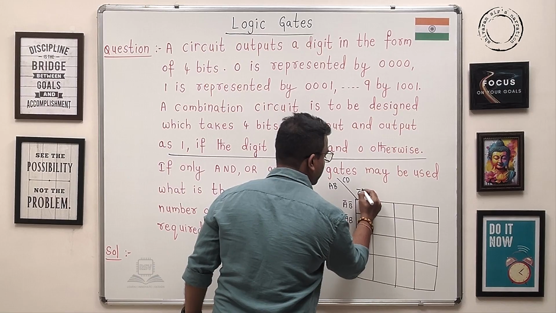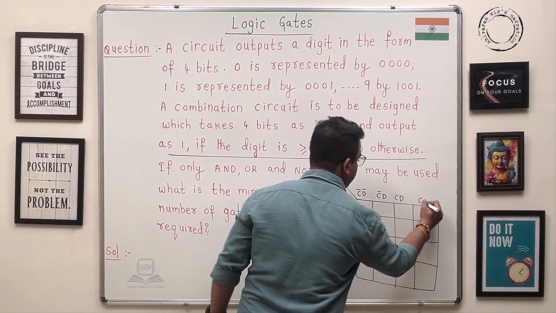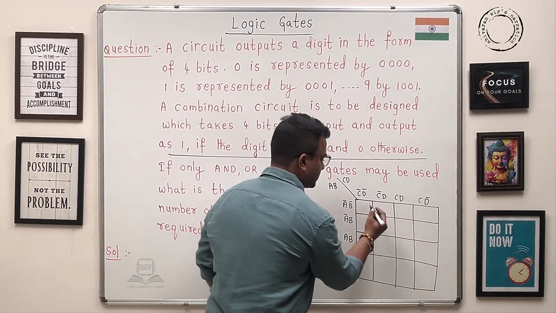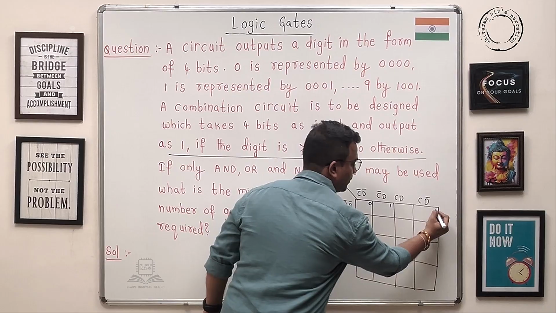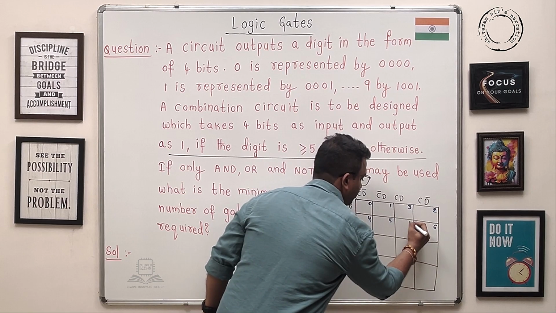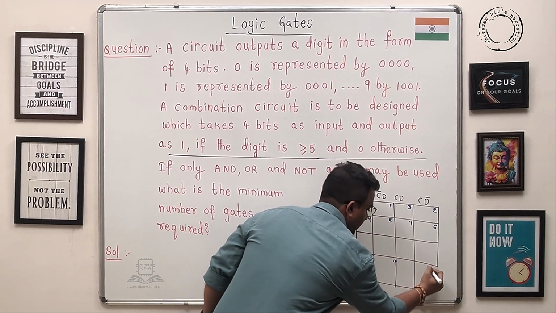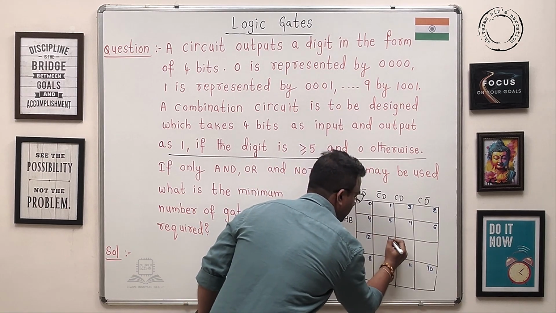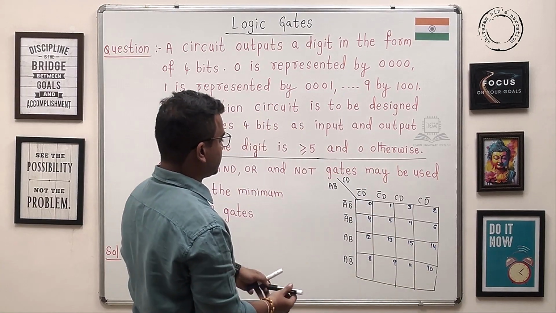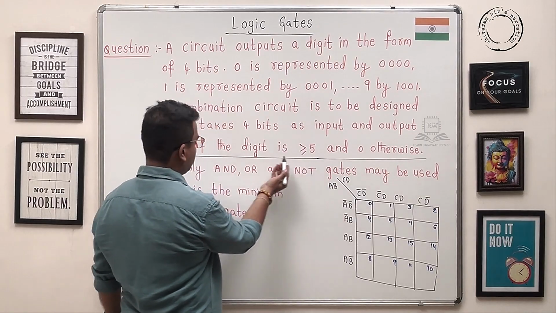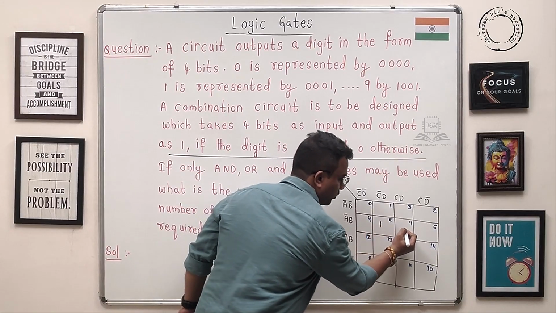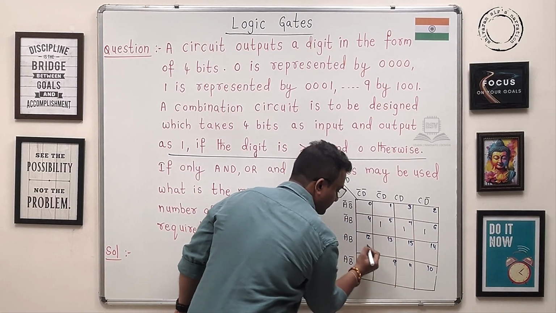Similarly C bar D bar, C bar D, C D, C D bar. Now, you know very well the decimal representation: 0, 1, 2, 3, 4, 5, 6, 7, 8, 9, 10, 11, 12, 13, 14, 15. Right? Now, if the digit is greater than or equal to 5, output is 1, means from 5 onwards it is 1 only.